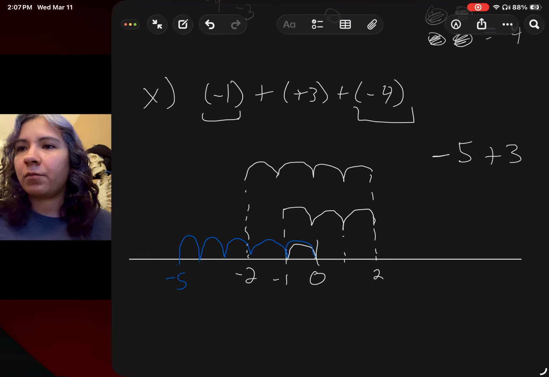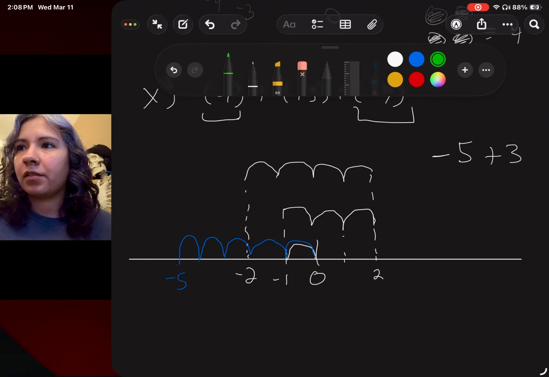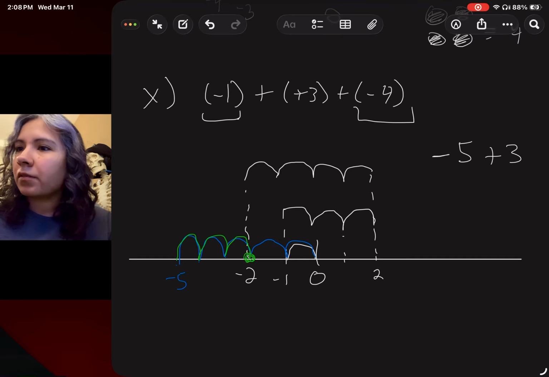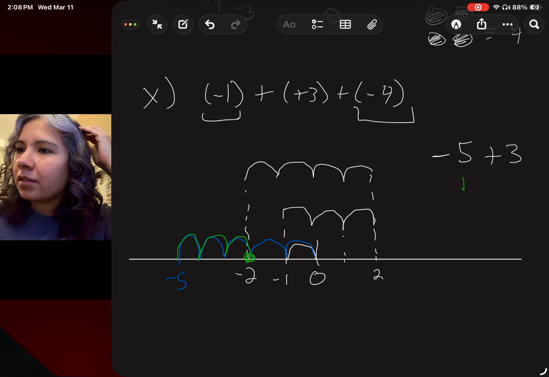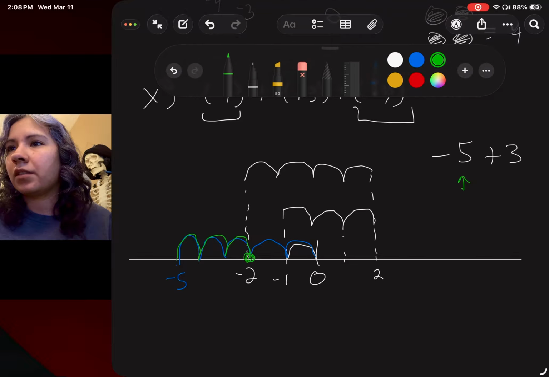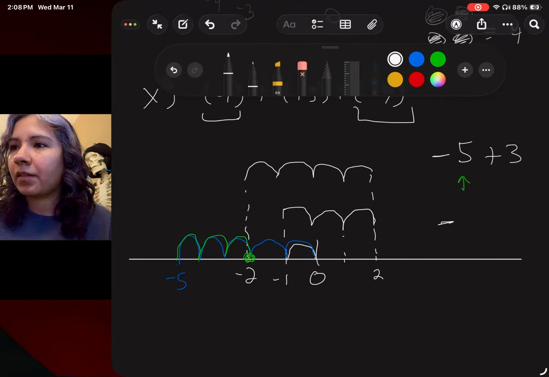And then we go back in the positive direction 3. So 1, 2, 3. We are at the same number. So since this number is bigger, we leave that sign there. So we are going to leave the negative sign. And then we're going to do 5 minus 3, take that away, which gives us 2.